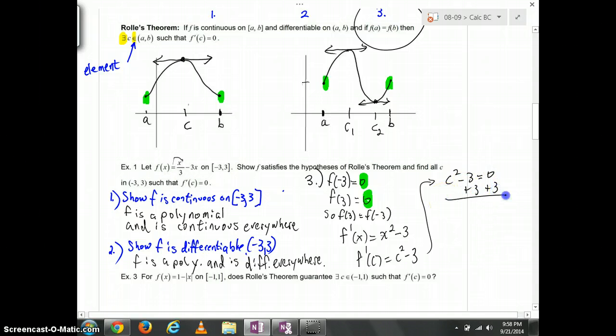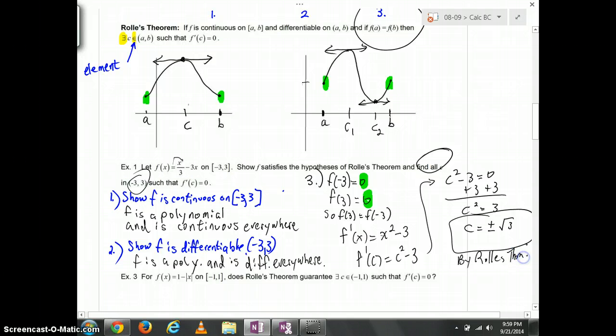So if I add a 3 to both sides, c squared is equal to 3. c would be plus or minus radical 3. Now radical 3 is about 1.73. So show that f satisfies the hypothesis of Rolle's theorem. Find all the c values on that open interval such that f prime of c equals 0. Well, here it is. And this is by Rolle's theorem, we know this to be true.